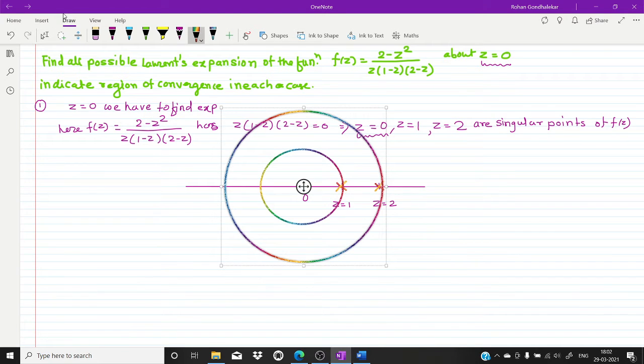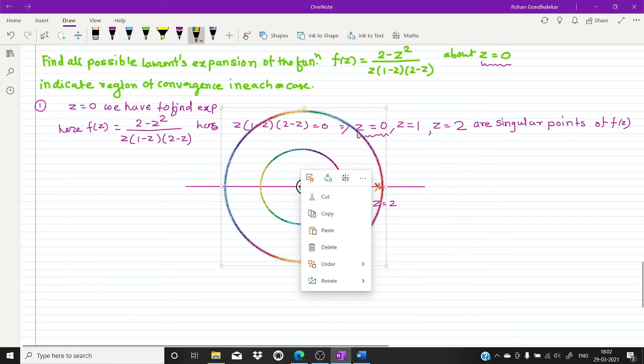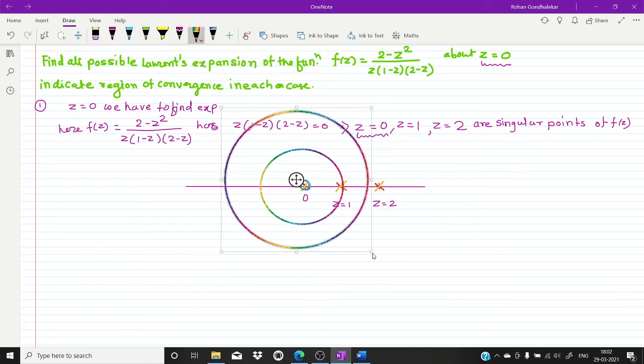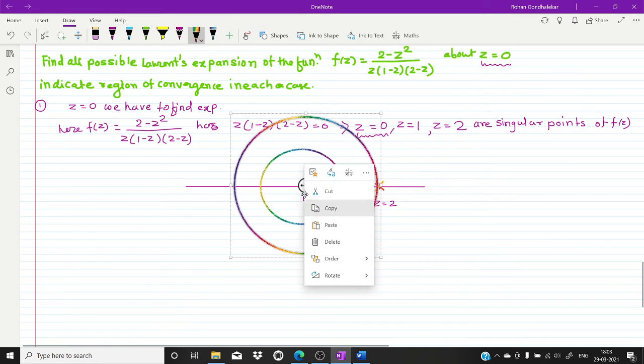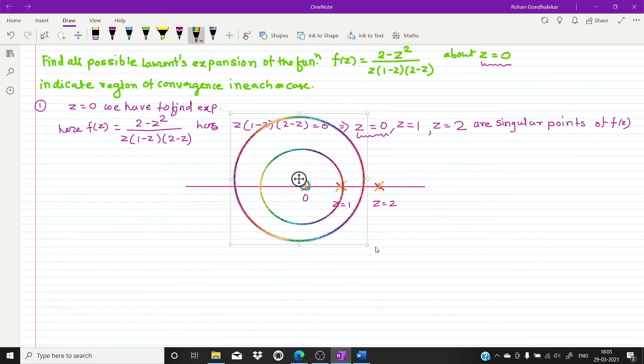Some part of it is missing, not exactly as per our requirements, so I make it smaller this way, drag and drop it here.